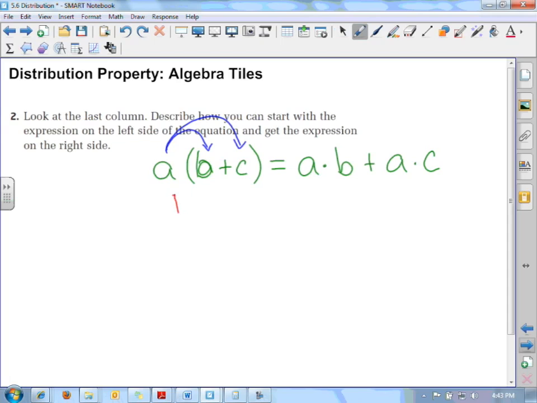This is called the factored form. And this is called the expanded form. And that's the answer for question 2.